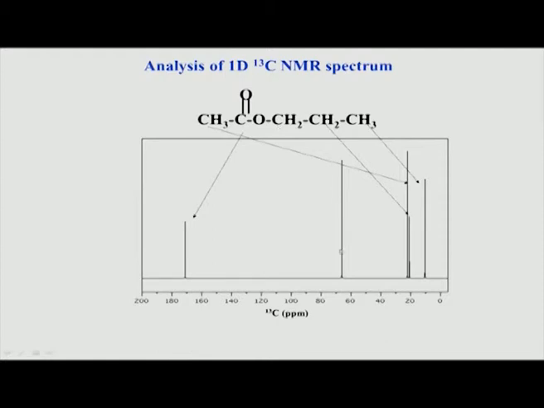Now, why is this coming so much at 60 to 70 ppm? That is again because, remember, this is directly attached to oxygen. So, because of the electronegative effect, the shielding is directly influenced by this one carbon-oxygen bond, and therefore, this CH2 comes very much downfield shifted and it comes at 65 to 70.